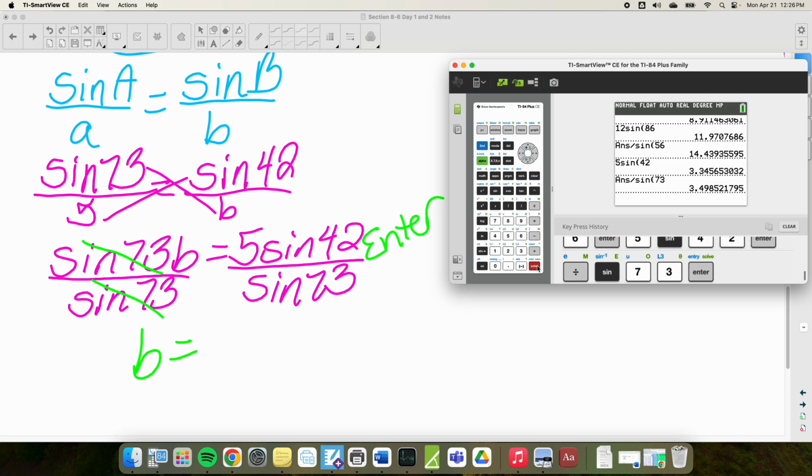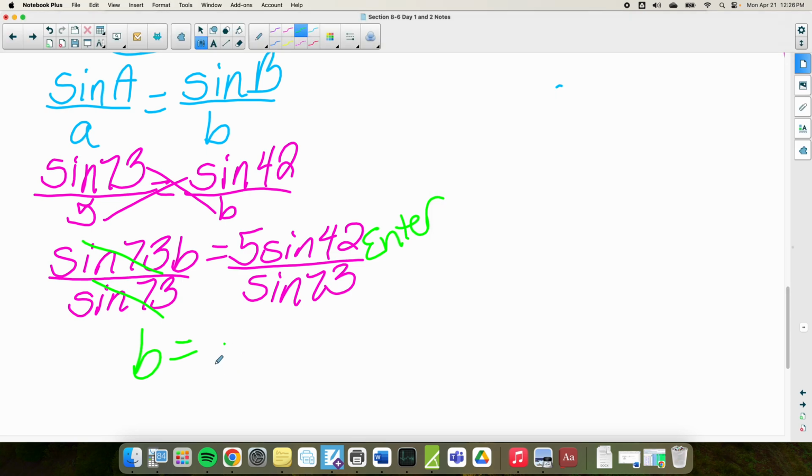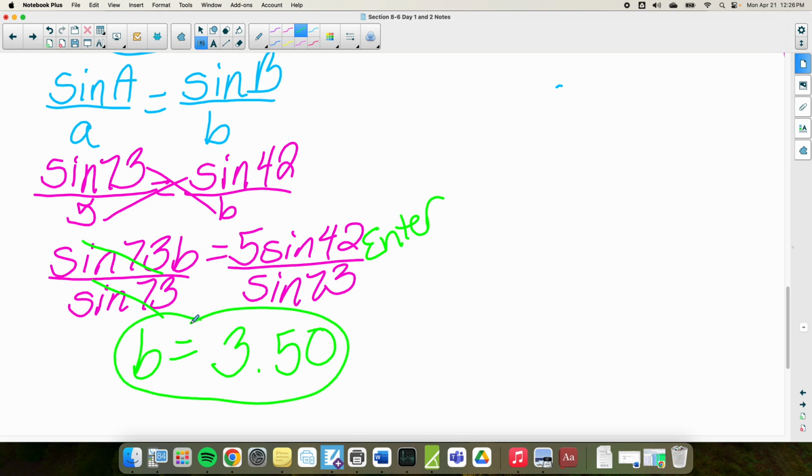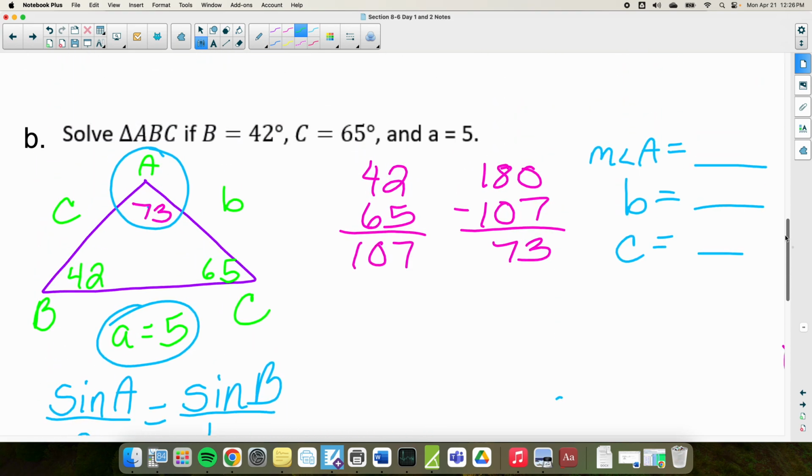If you put 3.49, I'm not gonna mark that wrong, but 3.498 would go up to 50, so it would be 3.5 or 3.50. Then if I go up here, that would go right here. We also found angle A to be 73.